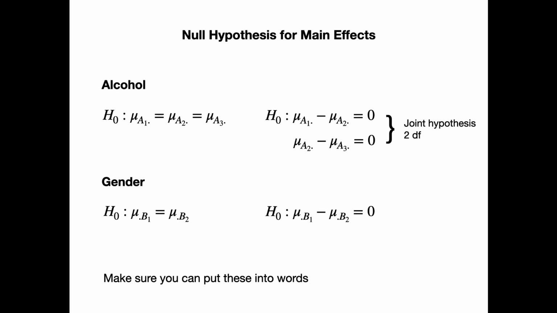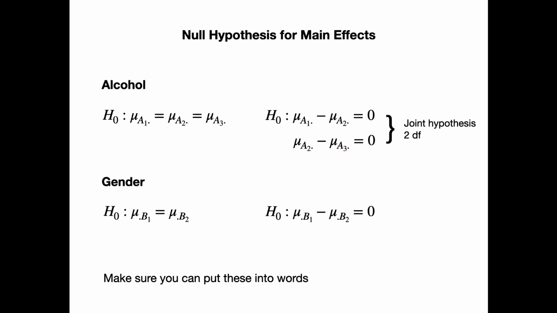The way we write that in terms of differences is in terms of what's called a joint hypothesis. When we actually estimate the factorial ANOVA, you'll see that the numerator degrees of freedom for the main effect for alcohol is going to be 2 degrees of freedom. That's because it's really testing 2 things: is there a difference between 1 and 2, and is there a difference between 2 and 3?